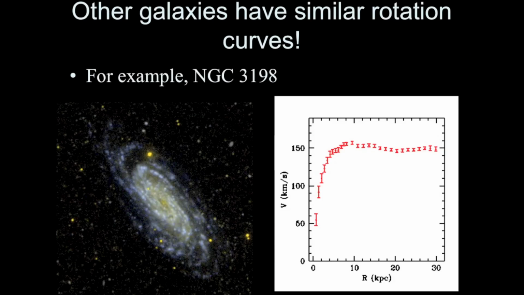And we don't notice this just for the Milky Way galaxy. We see this in other galaxies as well. So for example, on the left is an image of NGC 3198, and on the right is its measured rotation curve. Again, this is very similar to the Milky Way's rotation curve, where you have a roughly constant orbital speed the further away you get from the center.